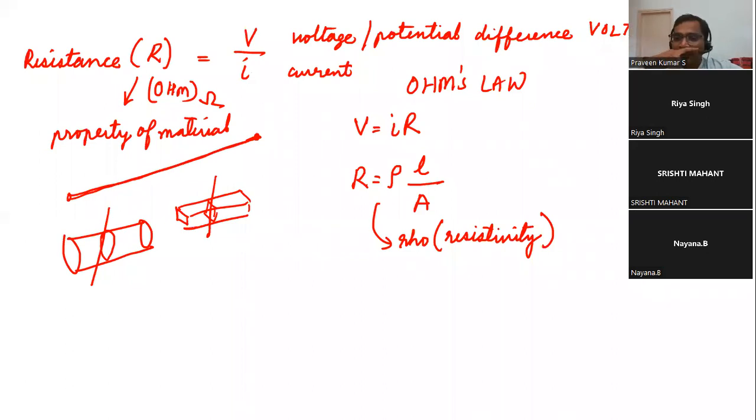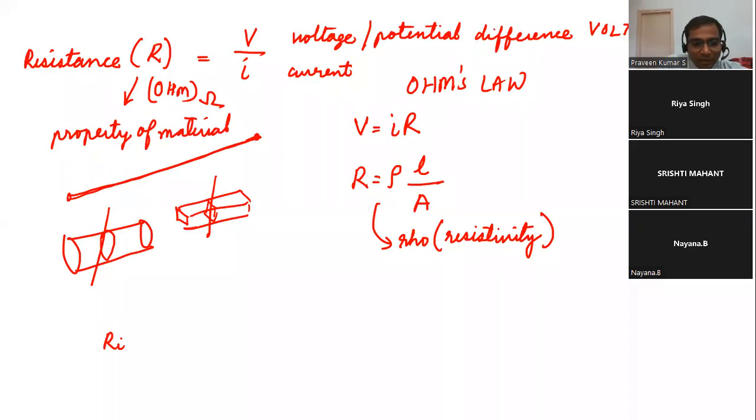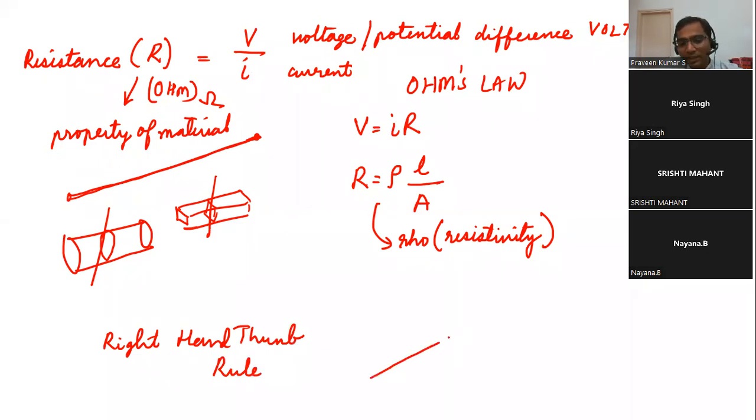So how is this magnetic field generated is always given by what we call the right hand thumb rule, which means, let's say this is a wire and the current is flowing in this direction. How is the magnetic field?